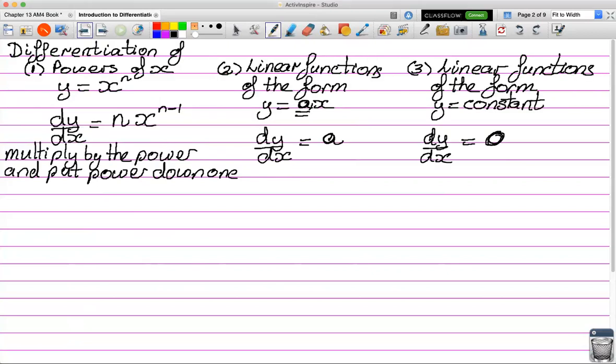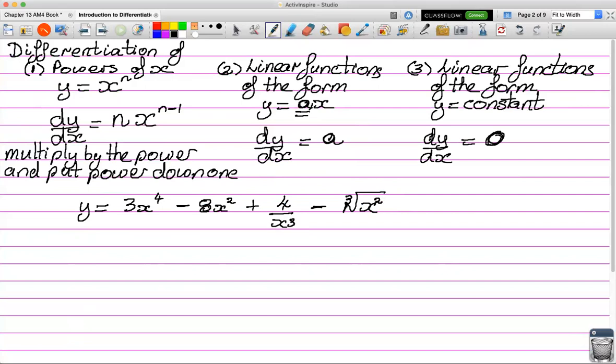Now, just a quick reminder of last week's work once again. If we've got y equals 3x to the power of 4, minus 8x squared, plus 4 over x cubed, minus the cube root of x to the power of 2.